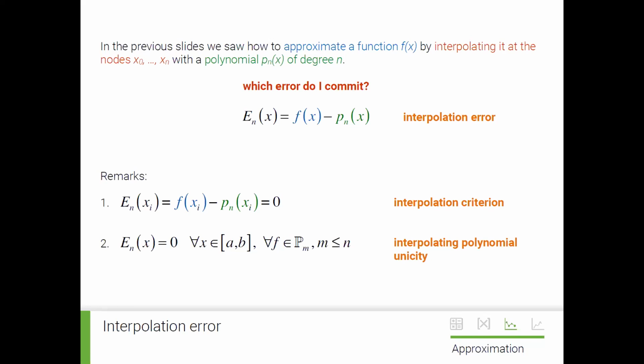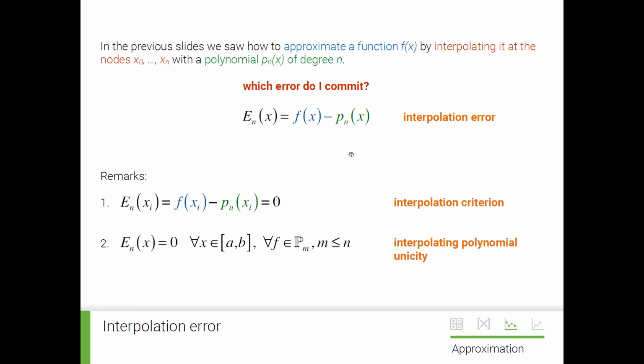And how to find this error now? The error, we denote it e_n of x, is f of x minus p_n of x. We call it the interpolation error. f of x is the exact function, and p_n of x is the polynomial of degree n.